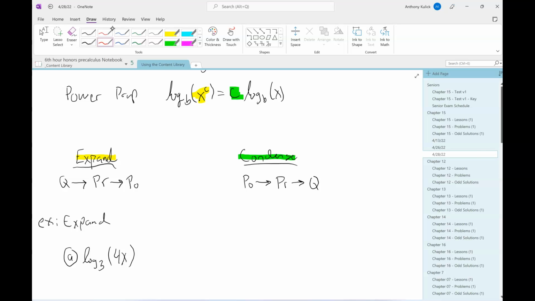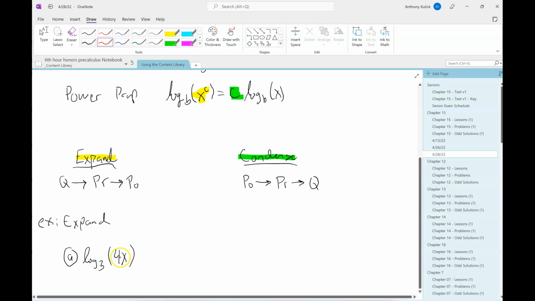How many? Well, how many multiplication symbols are there? One, right? We just have the multiplication between the 4 and the x. So there's one product property going on. Everybody happy there?